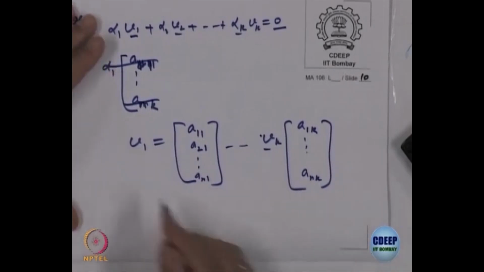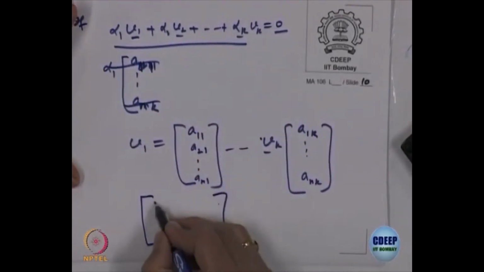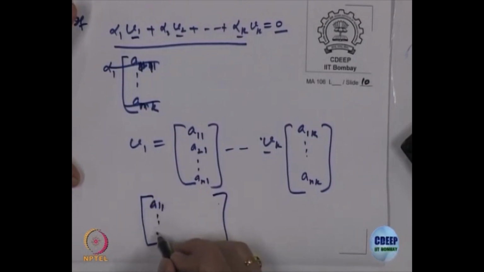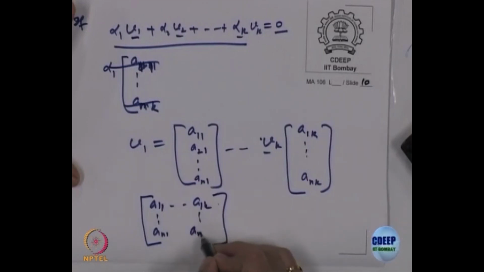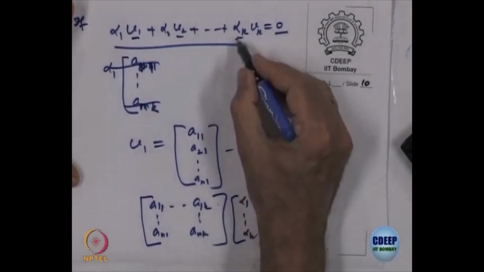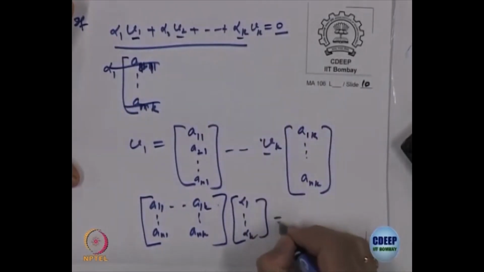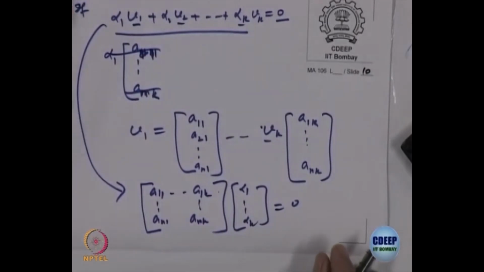Then this equation is just writing it as the matrix with columns A 1 1 to A n 1 up to A 1 k to A n k applied to alpha 1 to alpha k, equal to 0. So this equation is the same as saying this equation.